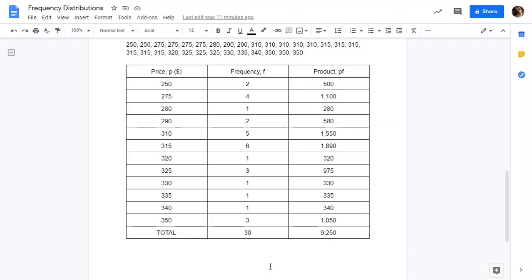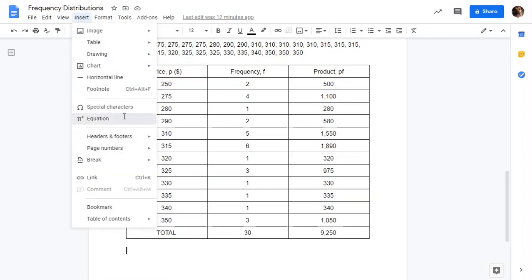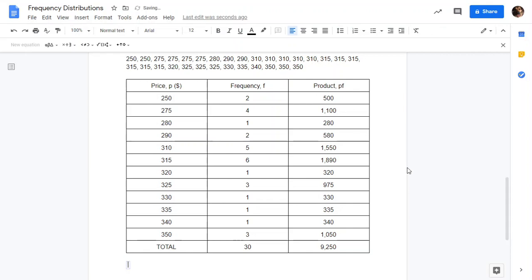So if we want to find the mean, remember that's the simple average. So we've got $9,250 for all the bicycles, and we've got 30 bicycles. So we can just go down here and insert an equation and just say that we're looking for 9,250 divided by 30, and then just punch into our calculator what that equals.